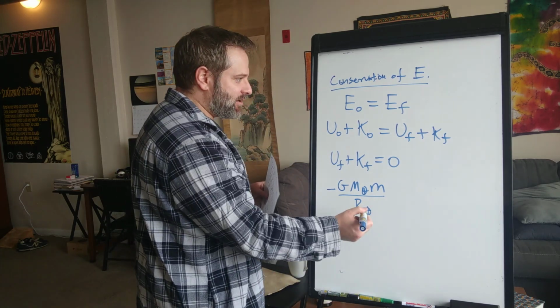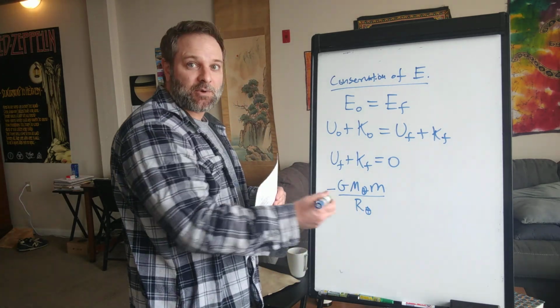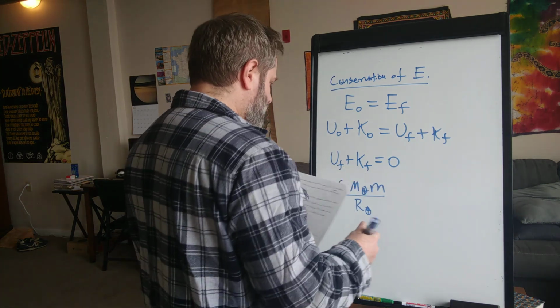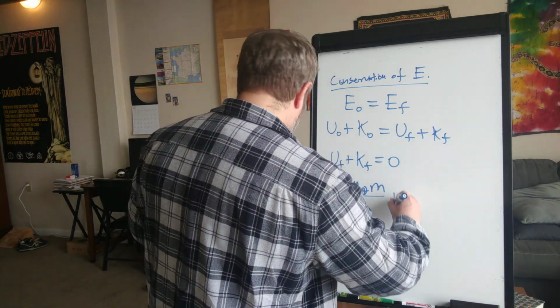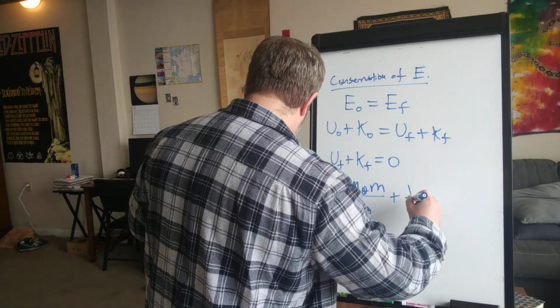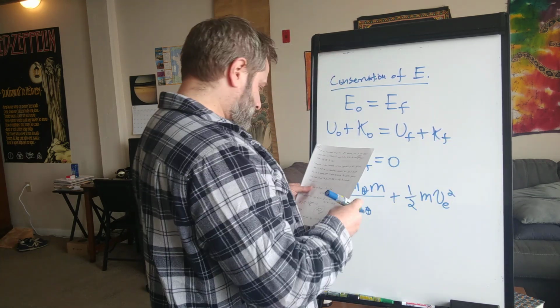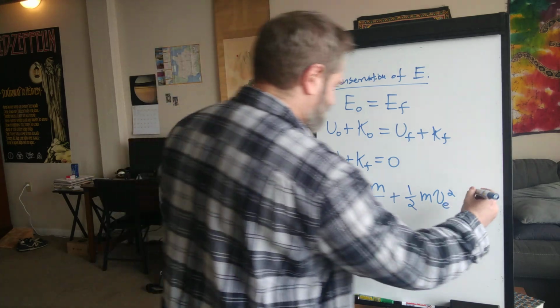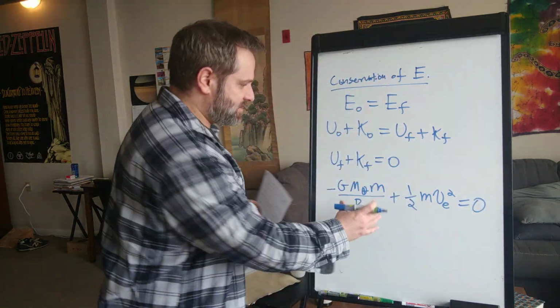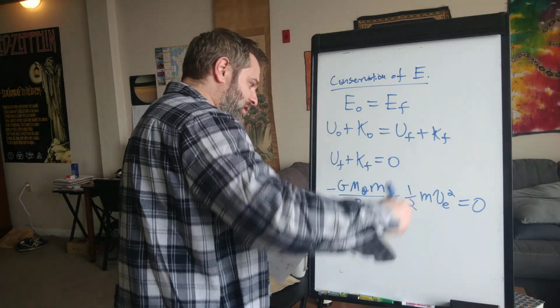We don't have a square here because we're talking about energy, so that square went away when we took the integral. Plus the kinetic energy, 1/2 m times escape velocity squared, equal to 0. Right, so we just take this guy, flip it over there, do some simple algebra.